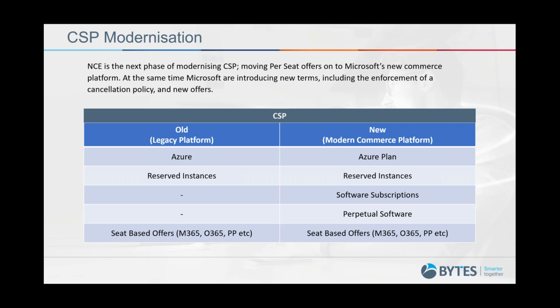At the same time, Microsoft are using this launch to update its terms and introduce and enforce a cancellation policy. That is something that should have been there from the very beginning of CSP, but was never enforced, which is what's given our customers the flexibility in terms of moving seats up and down, which I'll come on to.